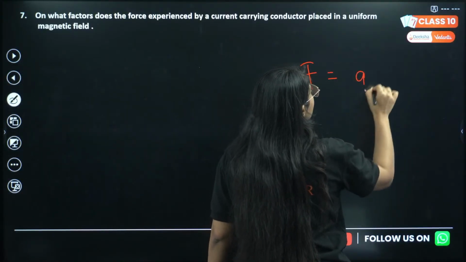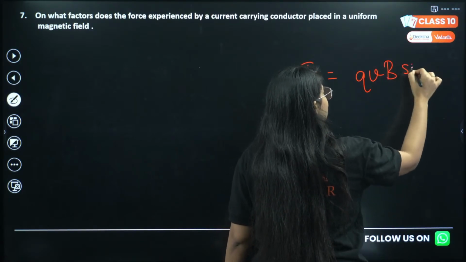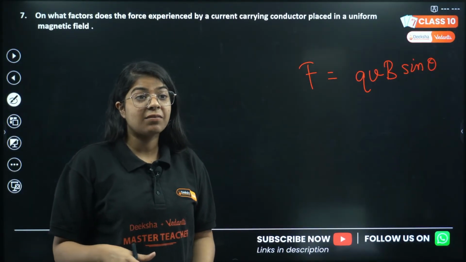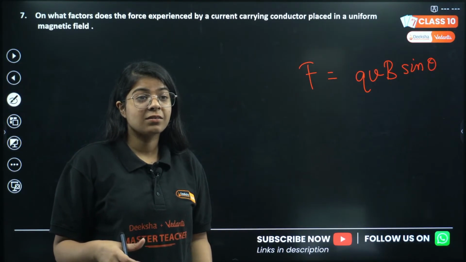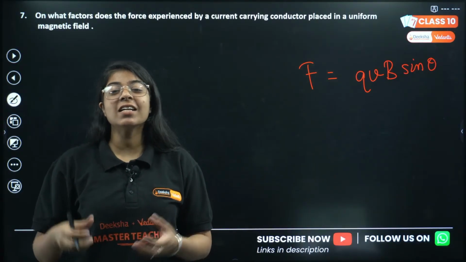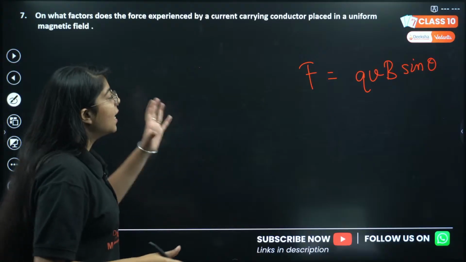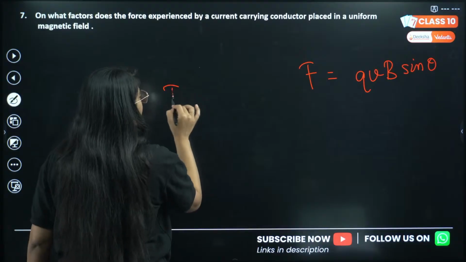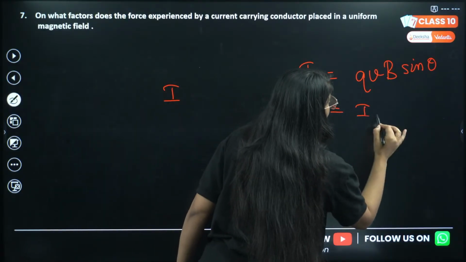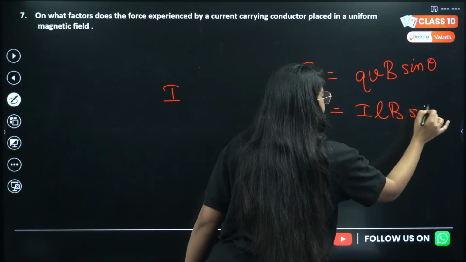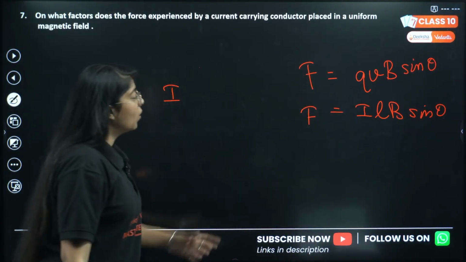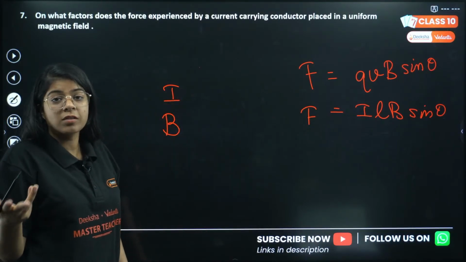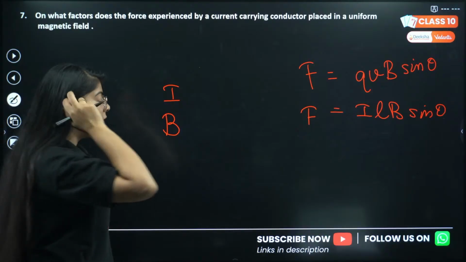So we have QVB sine theta, correct. Now if a conductor is placed inside a magnetic field, the current that is passing through the conductor can affect the force, because the formula was also ILB sine theta, correct? Now what else? Of course the magnetic field will affect the force experienced by that conductor, right?